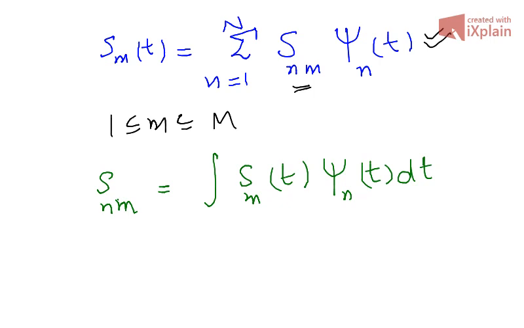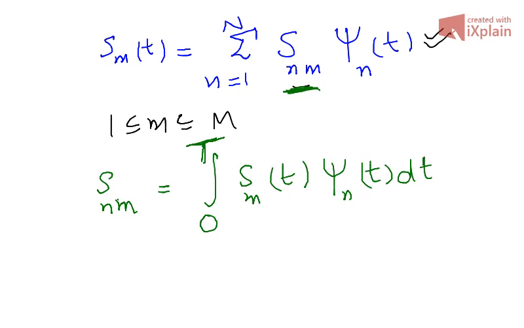Usually our signal is only from 0 to T, so the limit from minus infinity to plus infinity changes to 0 to T.